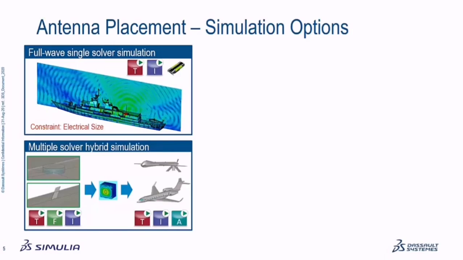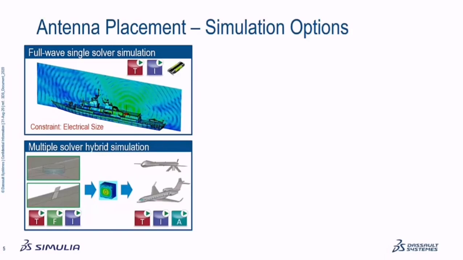And the problem here is, you can see it in this example. We have here a monopole antenna placed on a very large ship, and the electrical size is critical because this will lead to a very big simulation domain and high mesh number. And this could lead to some problems that the simulation cannot run on a single machine.